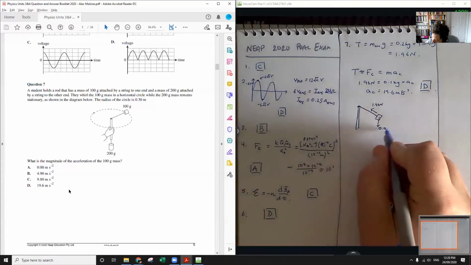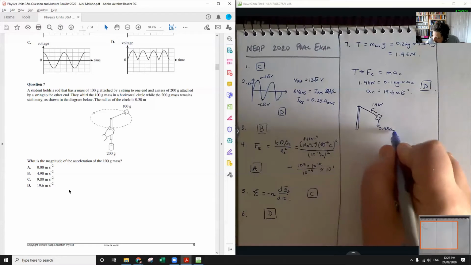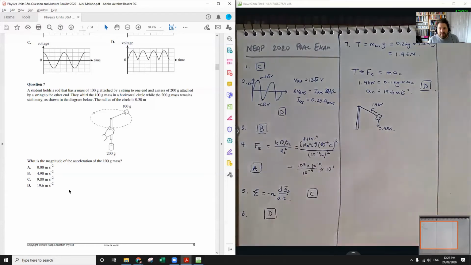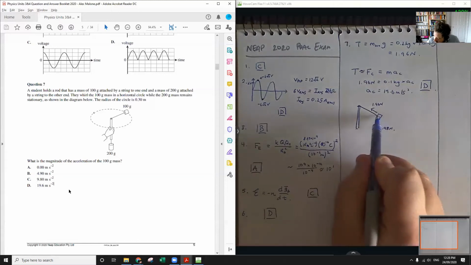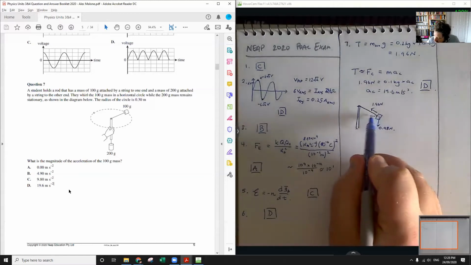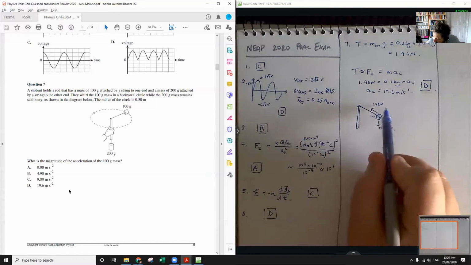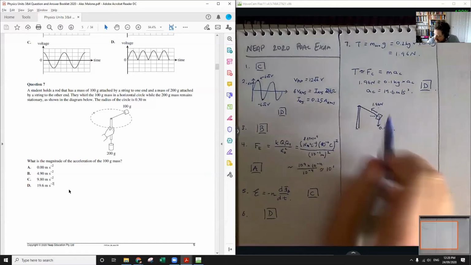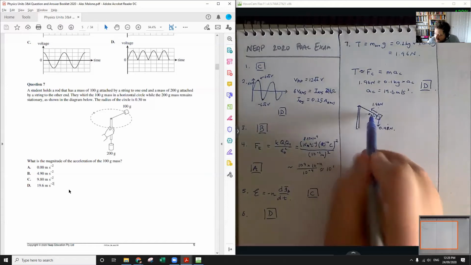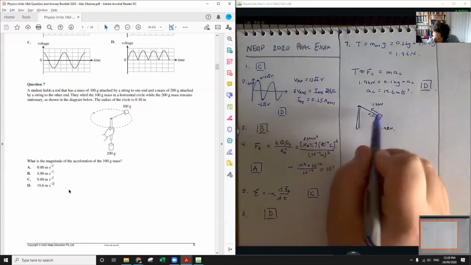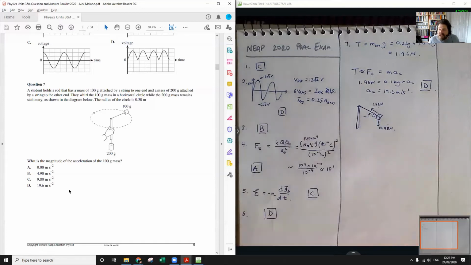We would have to find what component of this cancels this out, find that angle in there, all that sort of stuff, to find what the actual net effect is. What's the net force acting on this thing? What's the net acceleration, etc.